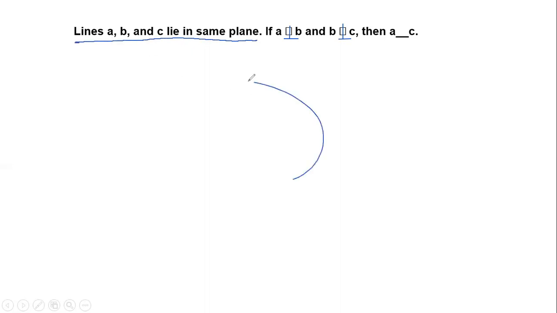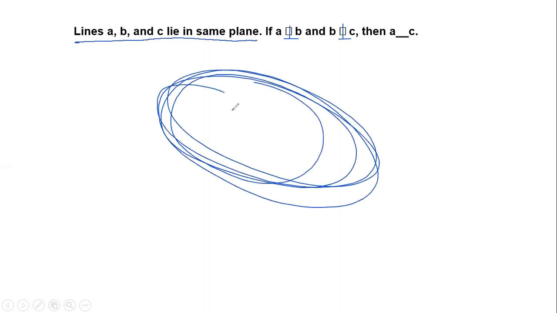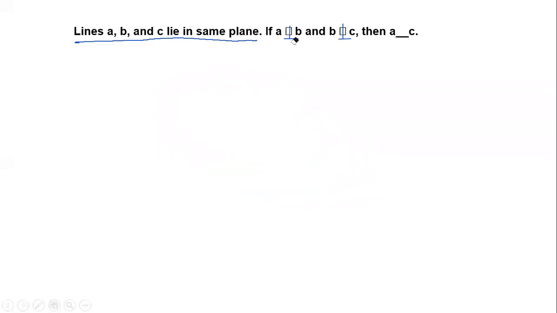Same plane means like this whiteboard, that's the same plane, or whatever you draw in your notebook, that's called the same plane. Or in simpler words, I can say same surface. So what they say is that A is perpendicular to B. So this is the case. A is perpendicular to B. This is A and this is B. And B is again perpendicular to C.